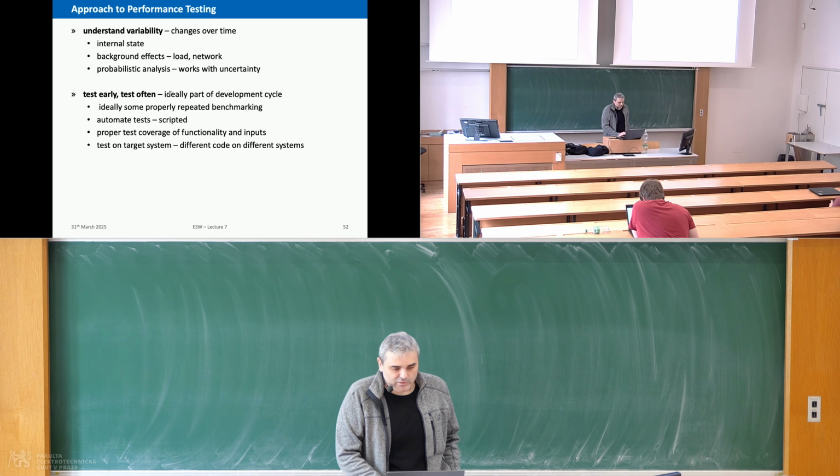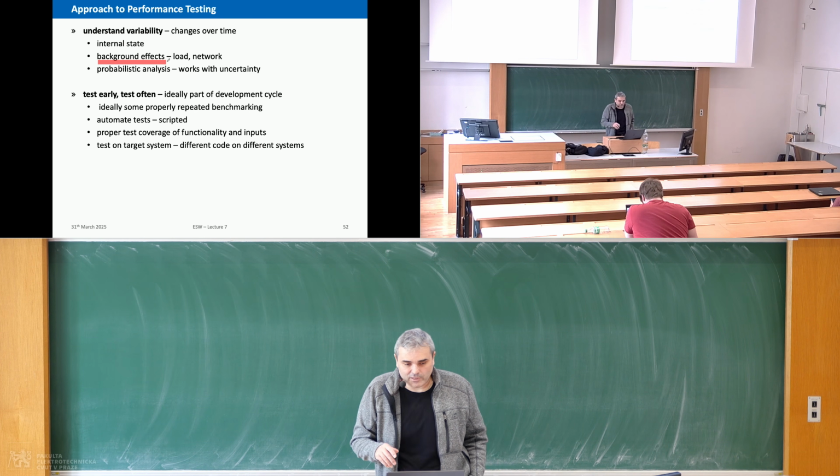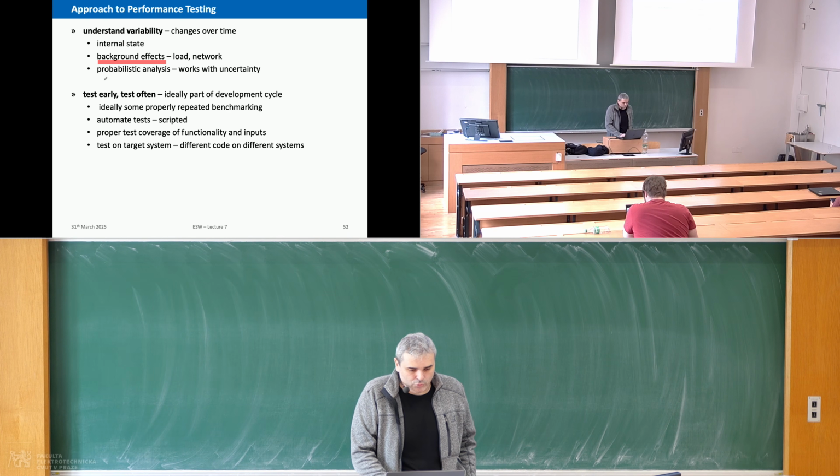You should understand the variability changes over the time of your application, because usually there could be some internal state, either internal or external in databases. And if that state grows, data structures are bigger, then the execution could be slower, and so on. There could also be some background effects, load, networking, and so on. You should work with the uncertainty during the testing, so some kind of probabilistic approach should be used.